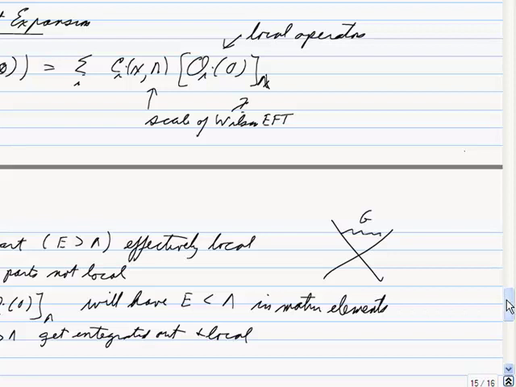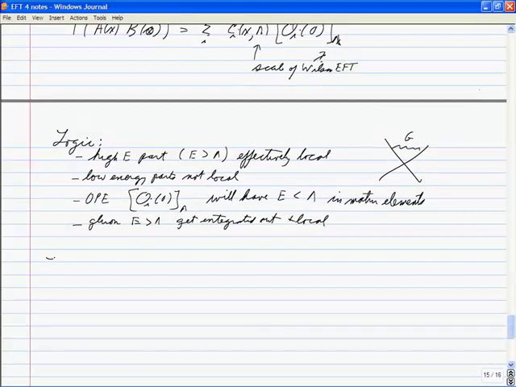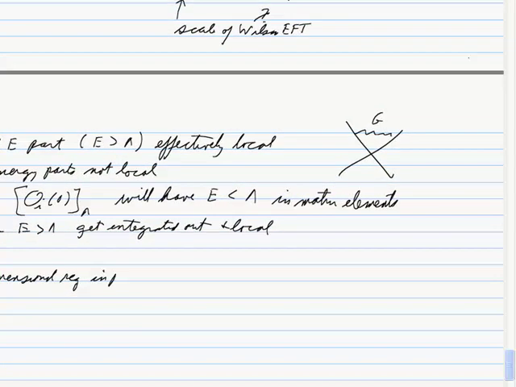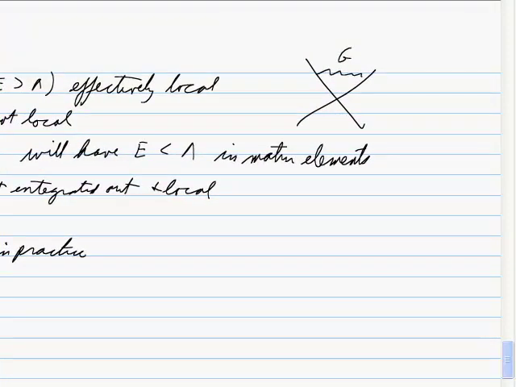Okay. This is done in practice. And this again is another one of these places where you get into trouble if you think in one way and use dimensional regularization in the other.